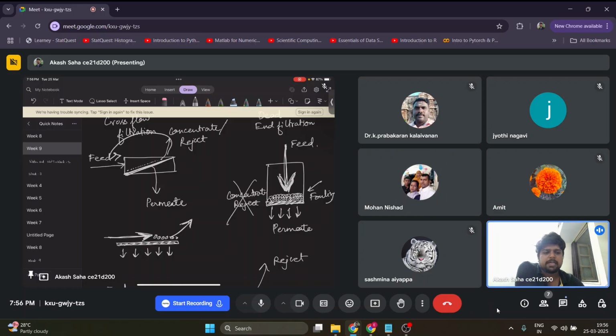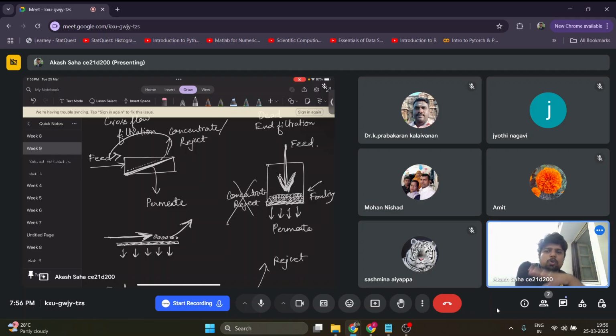That is also critical here. If we have a ceramic membrane, even after going to high energy, like too much pressure, it is fine, it will sustain. But if the membranes are organic in nature, they won't be able to sustain that much high pressure.